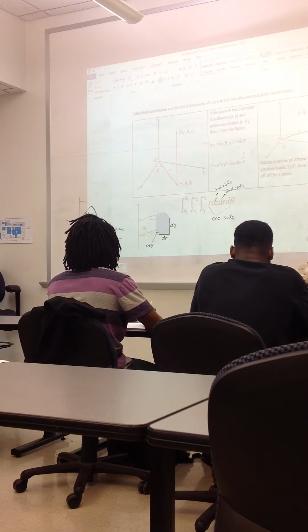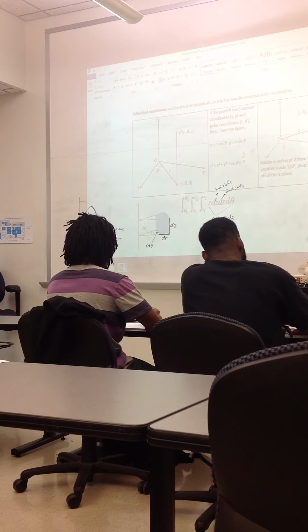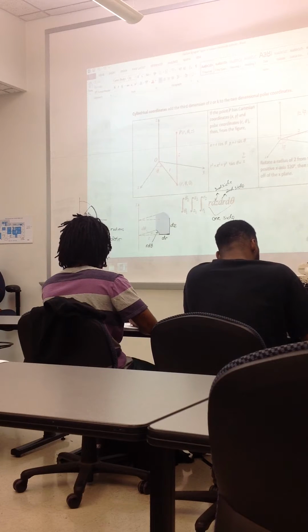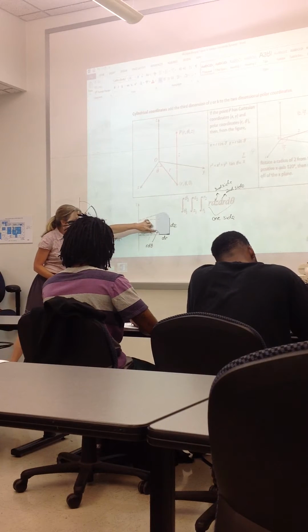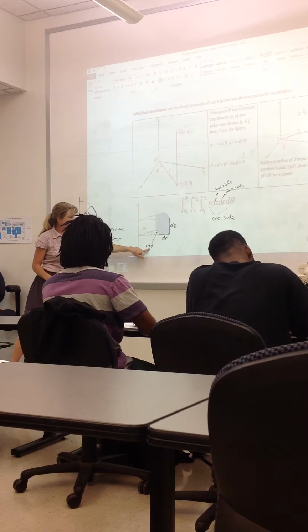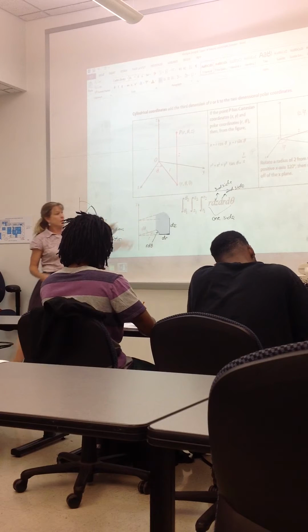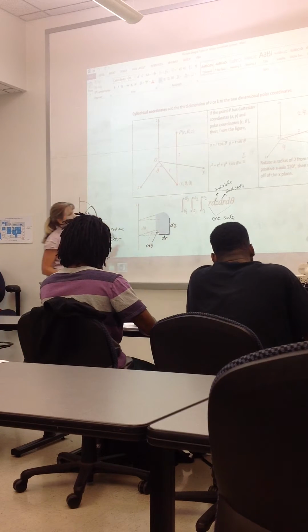So if you're setting up a triple integral to calculate volume in cylindrical coordinates, you need to remember that one side of your box is represented by r d theta, and so there's going to be an extra r in your integral setup.